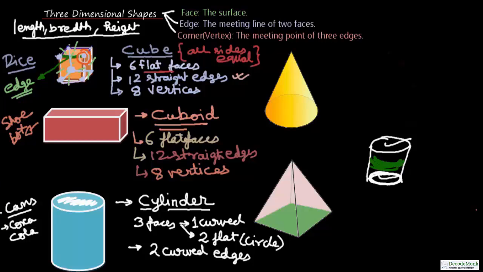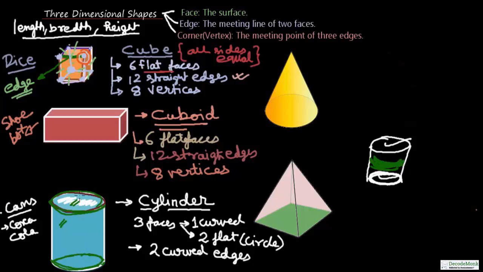What is an edge? The meeting line of 2 faces. So what we see is this upper circular portion is one face, and the other face is the curved face, and the curved face and the circular face meet at the rim. This is the border, the meeting point of the 2 surfaces. Similarly, at the bottom there is another meeting point of the curved and a flat surface.